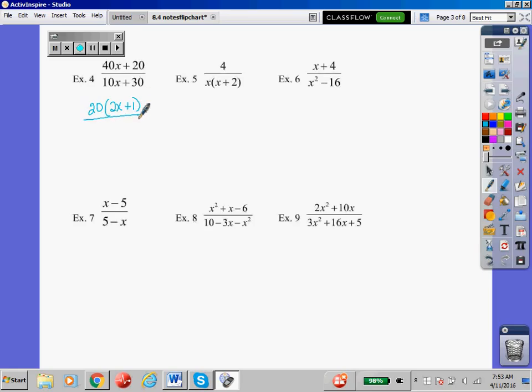In the denominator, the GCF is 10 and you get x plus 3. Now I can reduce 20 over 10, but it doesn't cancel all the way. 10 goes into 10 once, 10 goes into 20 twice. So this is 2 times the quantity 2x plus 1. And down in the bottom, we're not going to put 1 times x plus 3, because 1 times x plus 3 is just x plus 3.